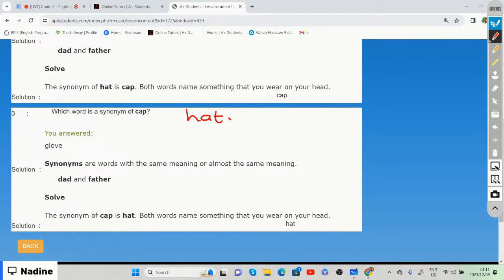So cap and hat. Both of these words name something that you wear on your head. So cap rhymes with hat.